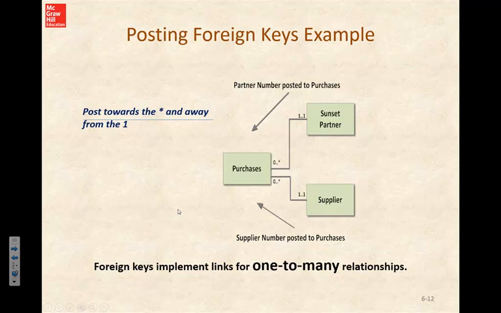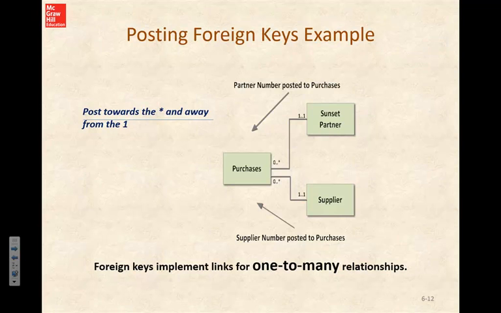And if we want to, again, review the posting of the foreign keys, once we have those multiplicities, we can then determine our foreign keys. And the rule of thumb, again, is to post the foreign key towards the many side of the one-to-many relationship.